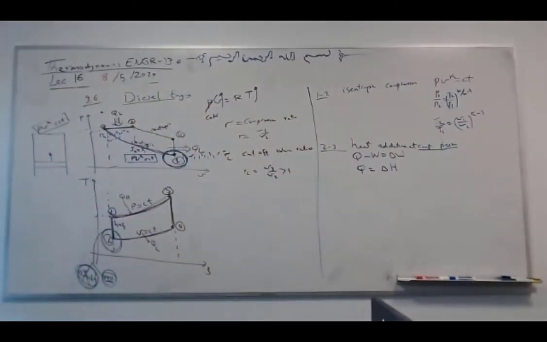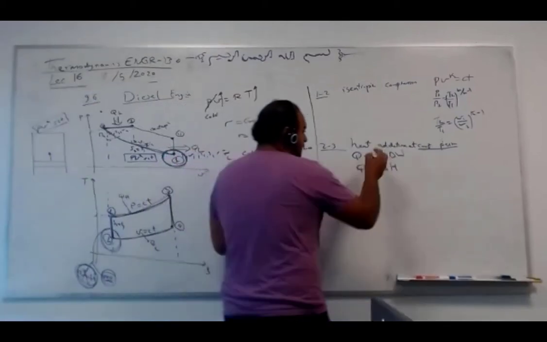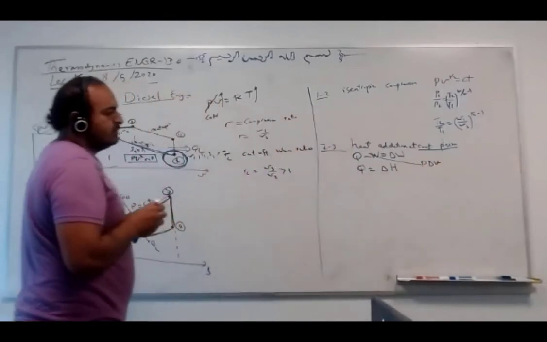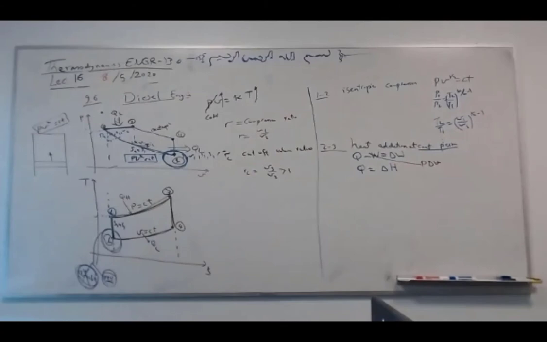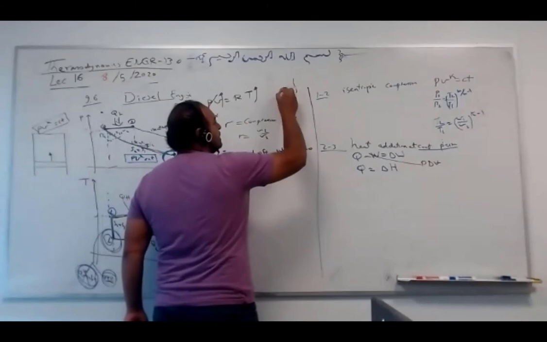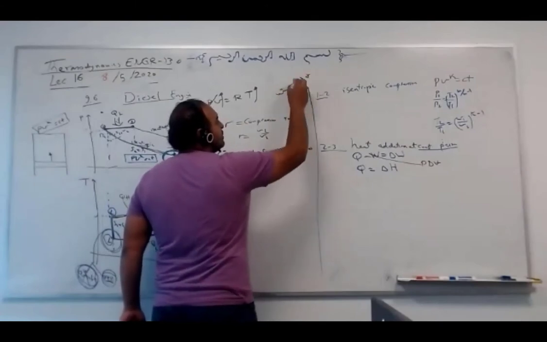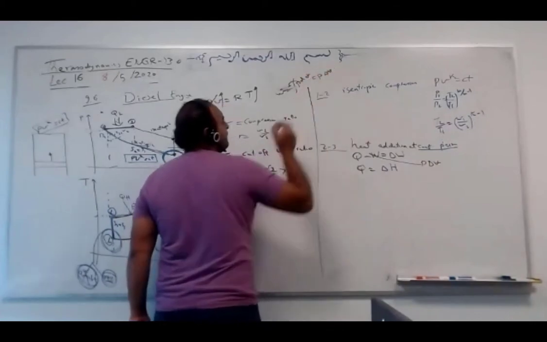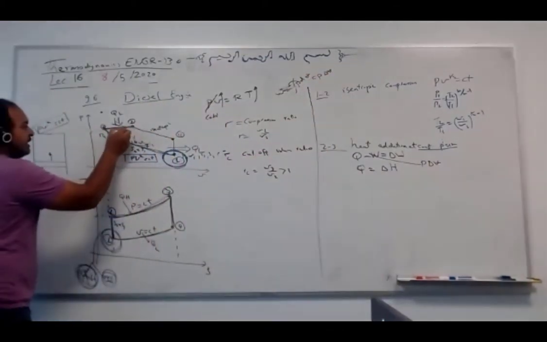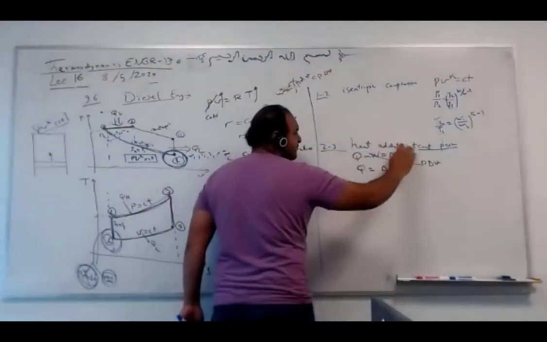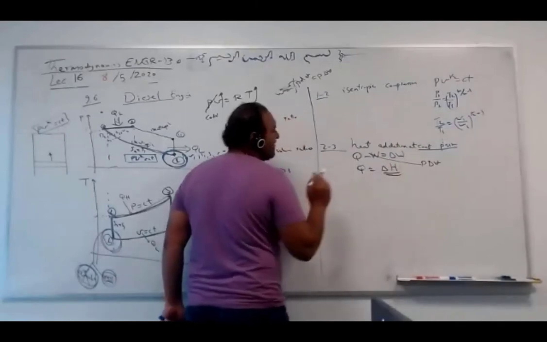At constant pressure, the work is the integral of P dV, just P delta V. Take it to the other side: delta U plus P delta V means delta H, the definition of enthalpy.